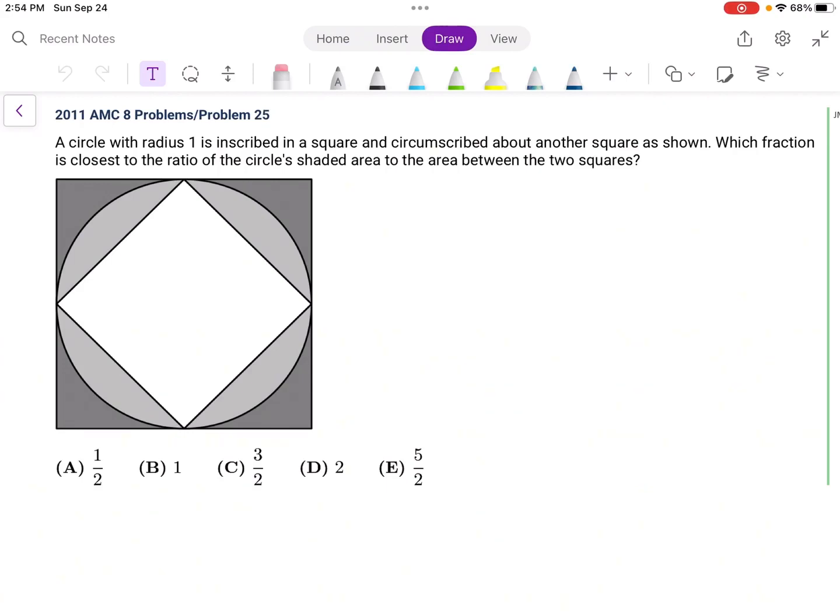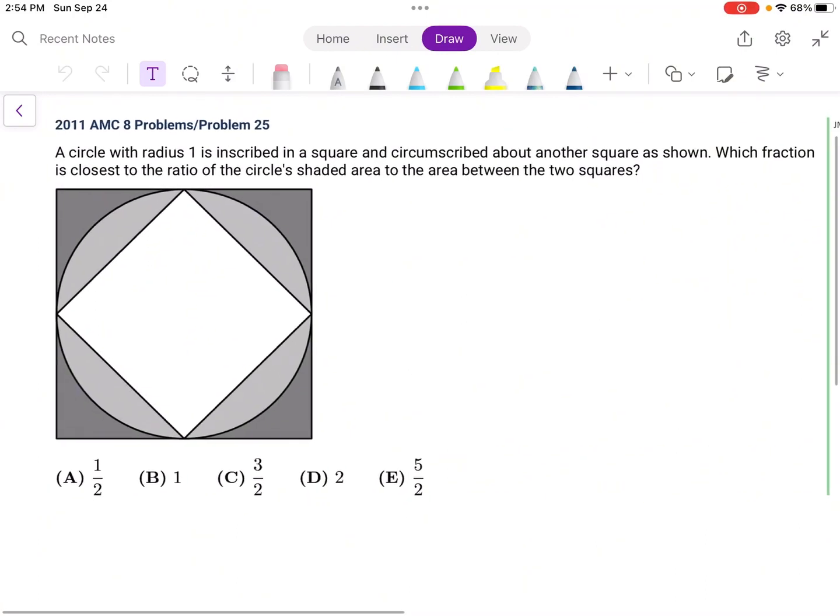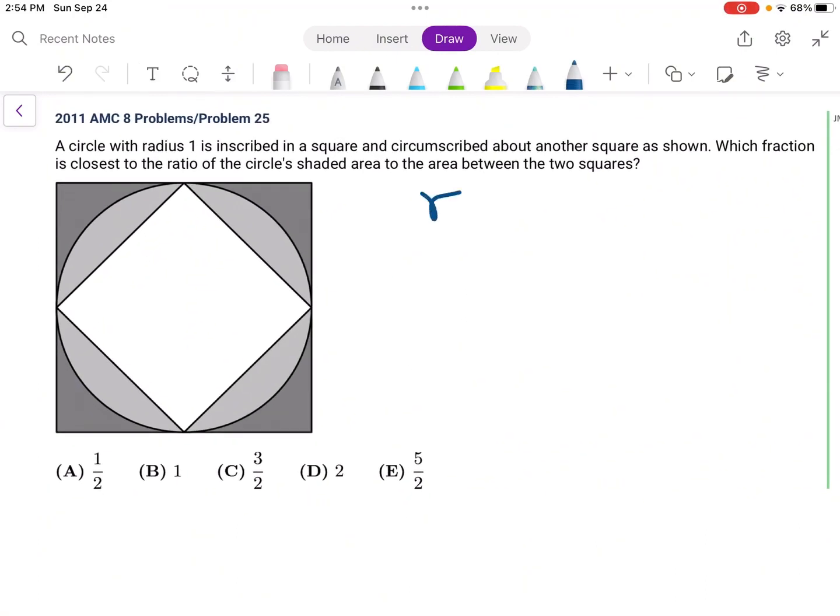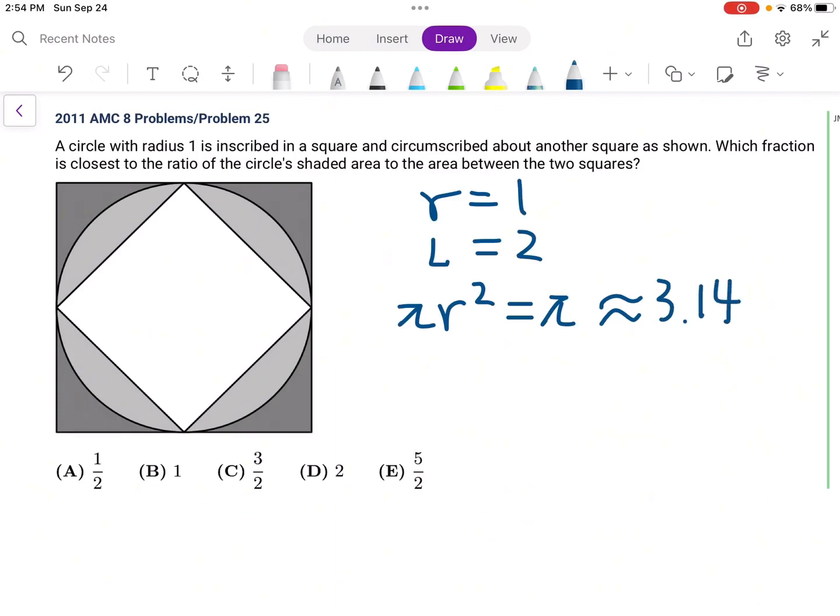Problem 25. Because the circle's radius is 1, the side length of the larger square equals 2, and the area of the circle equals pi r squared, which equals pi. It's approximately 3.14.